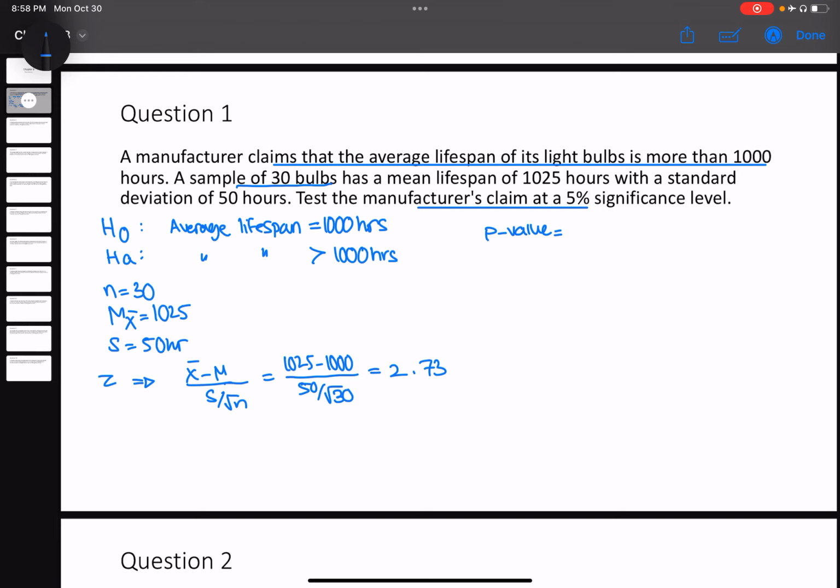Here, the probability, as they claim, to be more than 1,000, means z greater than 2.73.